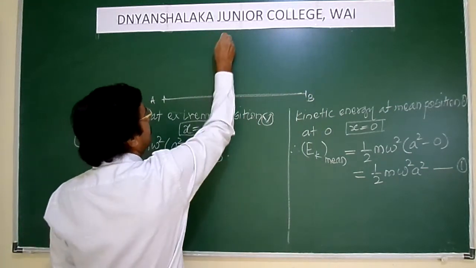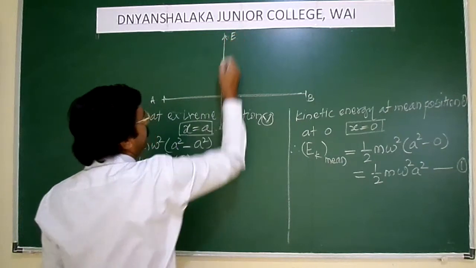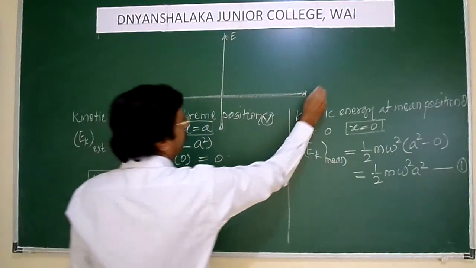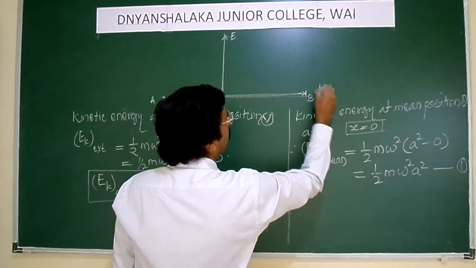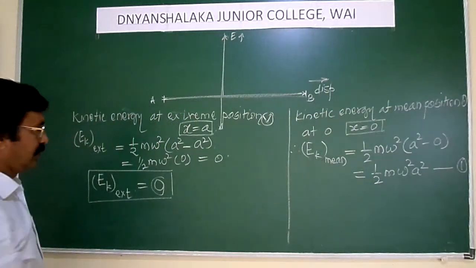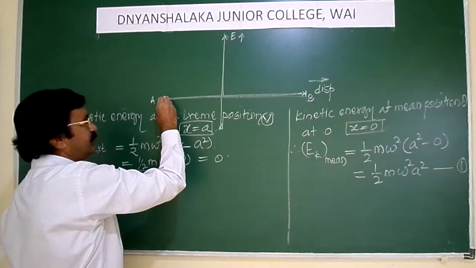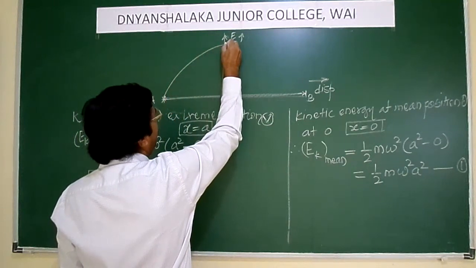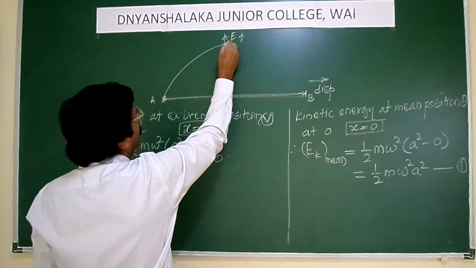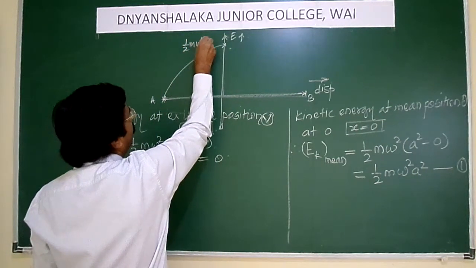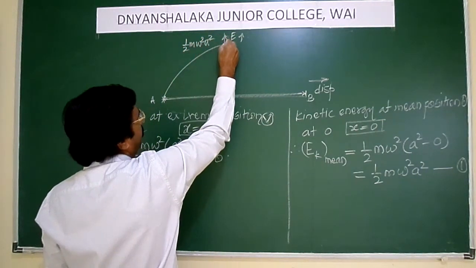On the y-axis, we take the magnitude of the energy, and on the x-axis, the displacement. At A, kinetic energy is 0, and it goes on increasing and reaches the maximum value, 1/2 m omega square A square.